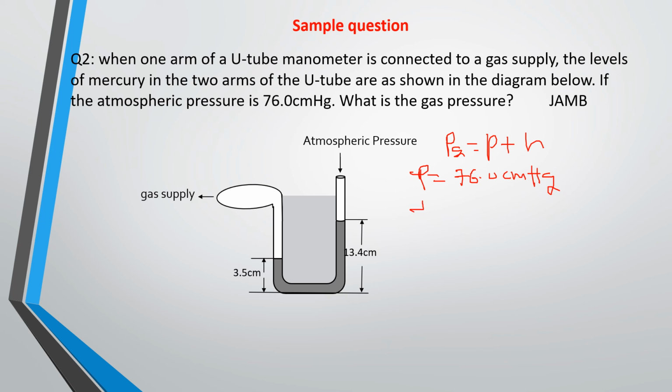Then height of mercury is the difference in height. So the difference in height is equal to 13.4 minus 3.5, because this is the difference between this and this other one. When you do that subtraction, it will give you 9.9 centimeters.